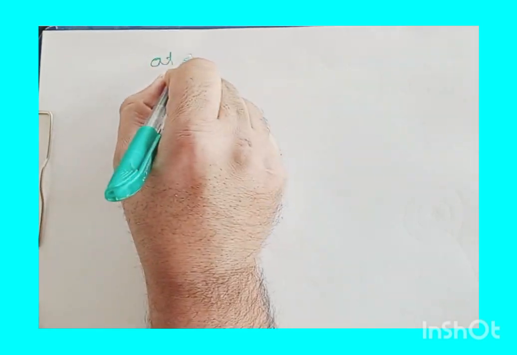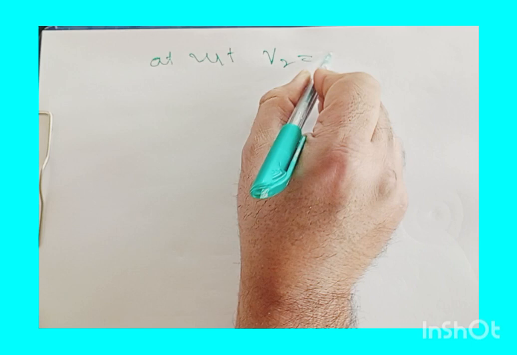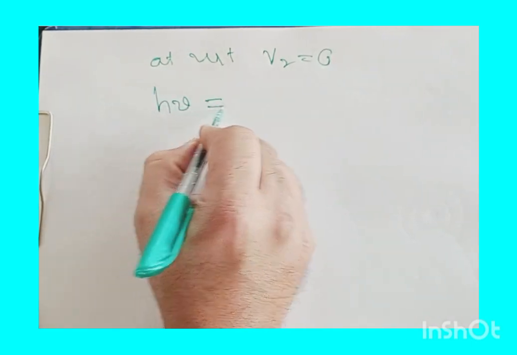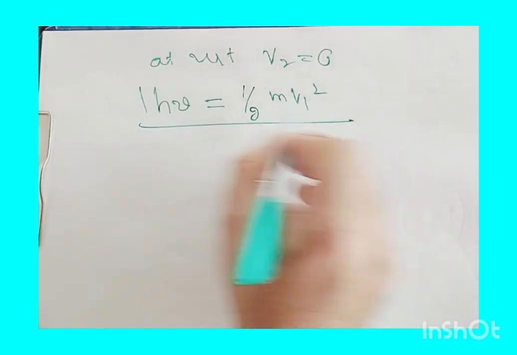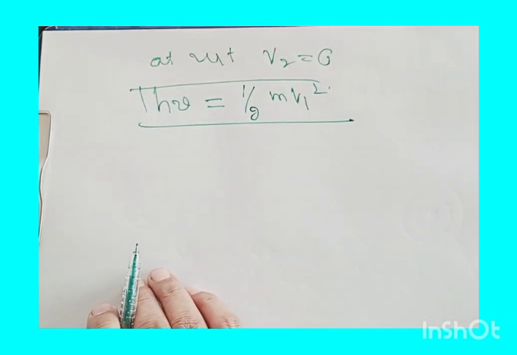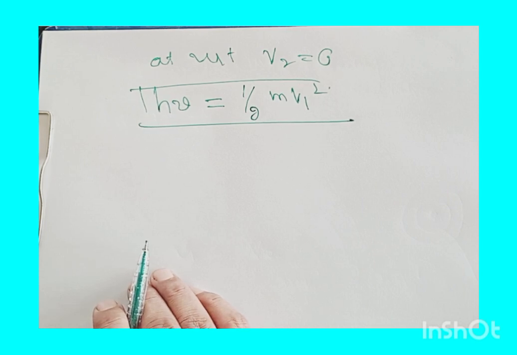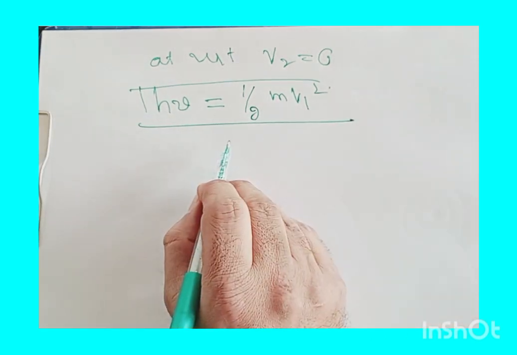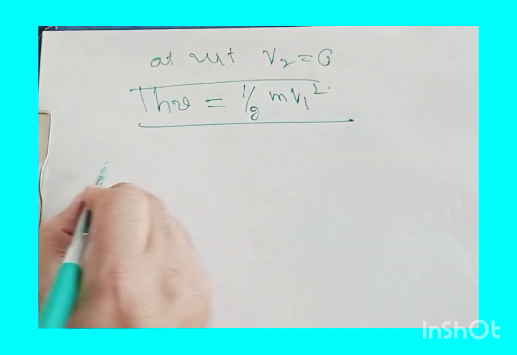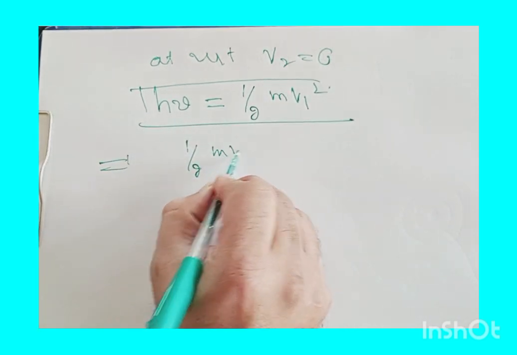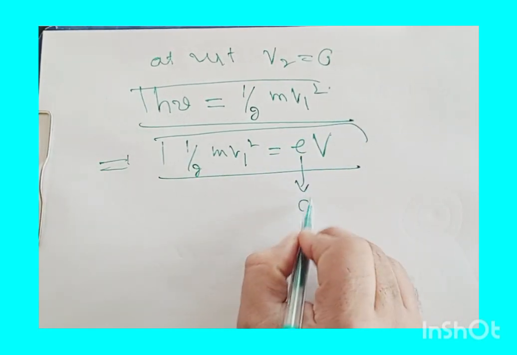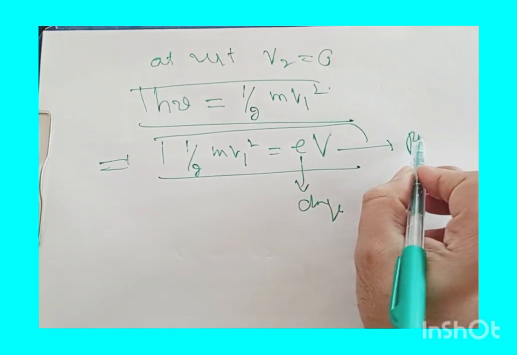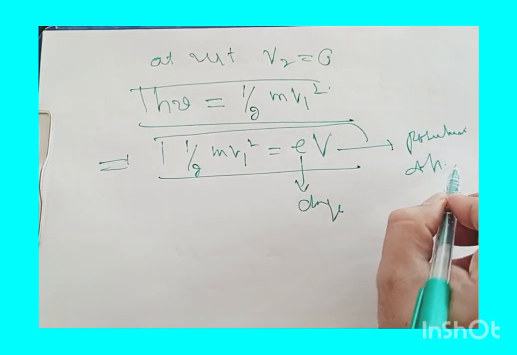When it comes to rest, it means v2 is equal to 0, so all of the energy that comes out is the kinetic energy of this electron. If we assume that we have applied a potential difference between the cathode and the target to accelerate this electron, then 1/2 m v1 squared is simply equal to eV, where e is the charge of the electron and V is the potential difference applied.